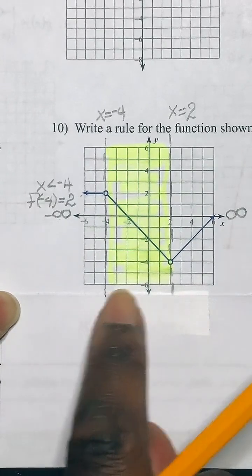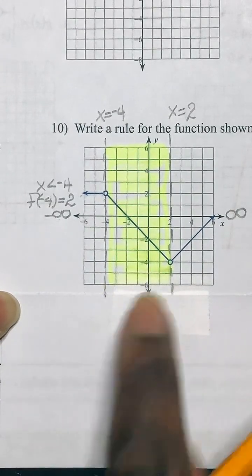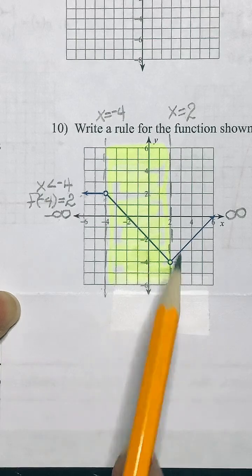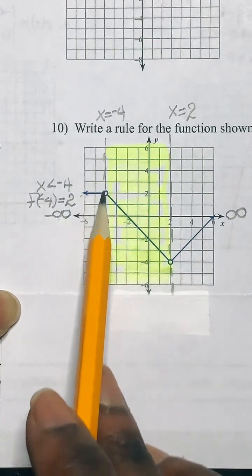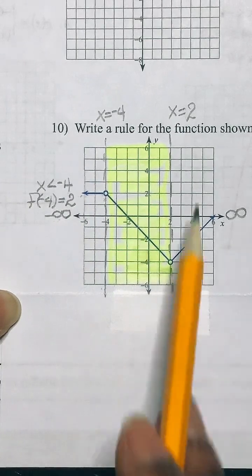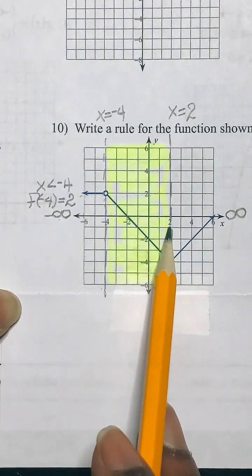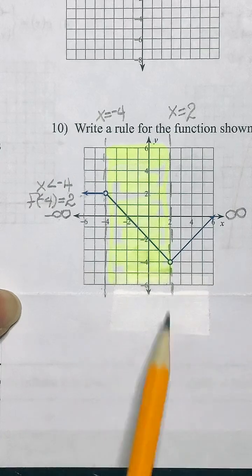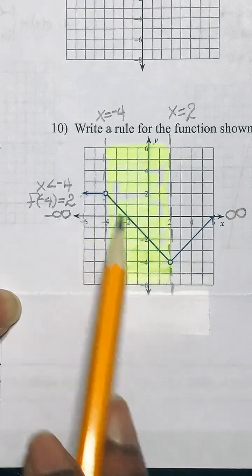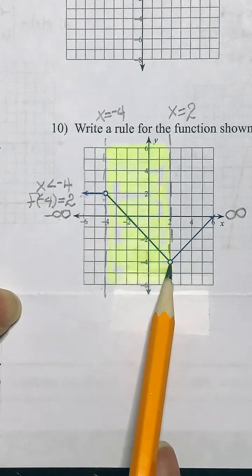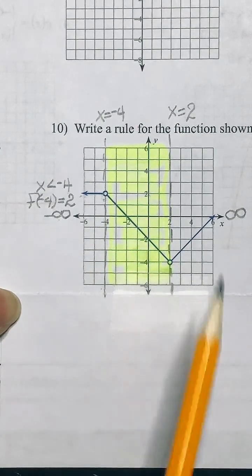Now, I'm looking at this other inequality, and it's between 2 points. It's between the boundary line of -4 and the boundary line at +2. And I notice, again, there's open circles, so I don't have any equal to's.